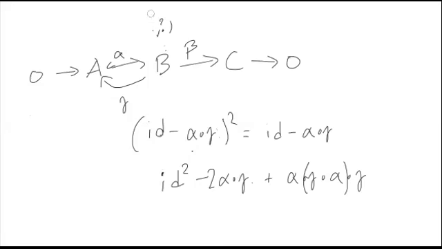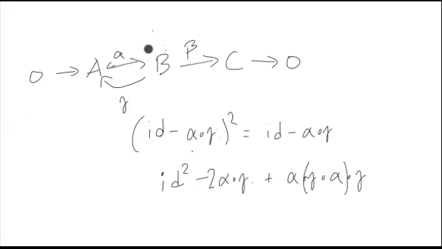Now, you might notice that if we were to run this map against itself twice, we actually get the same map again, expanding this out and using the fact that gamma of alpha is just the identity with that splitting. That's nice because that's exactly what happens over here.